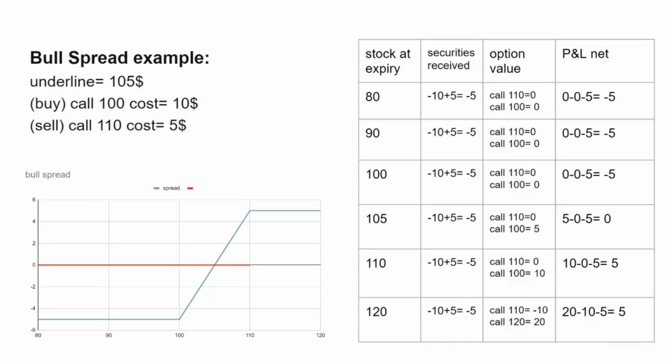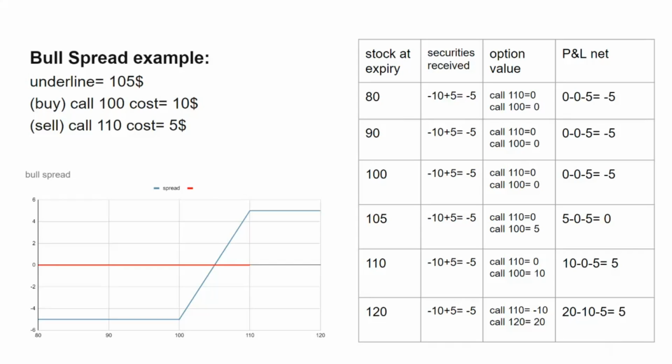And now let's see if the stock expires at 80 on this same example. Remember that we are bullish on the market. That means that we're thinking the market is going to rise, and unfortunately it fell all the way to 80. So in this way, we're pretty much screwed, because call 110 is worthless, and also call 100 is worthless.